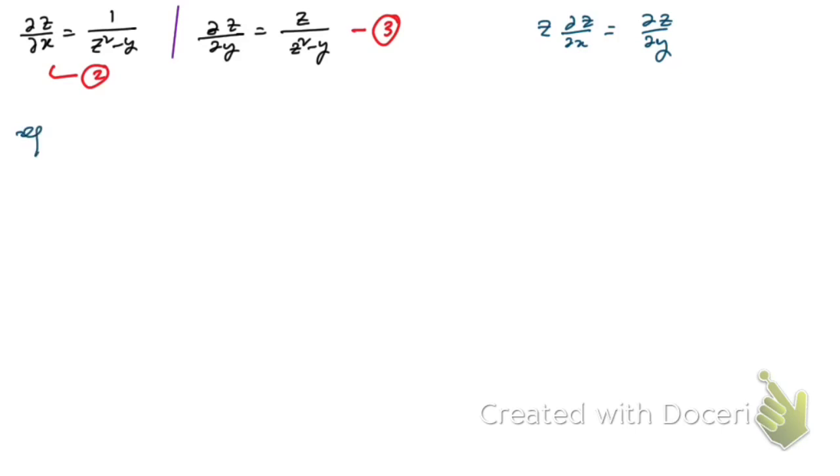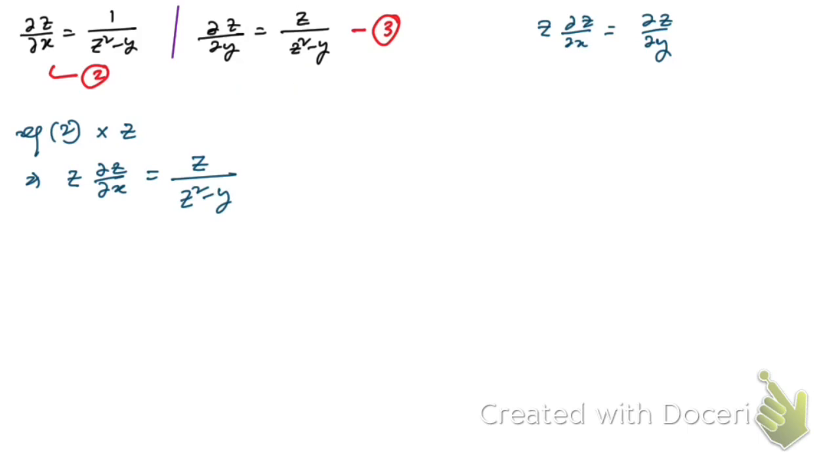Multiply equation number 2 by z, and that gives z into del z by del x is equal to z into 1, that's going to be z. If you multiply by z here and here also, then you get this result, z square minus y. So this is nothing but equal to this one, right?